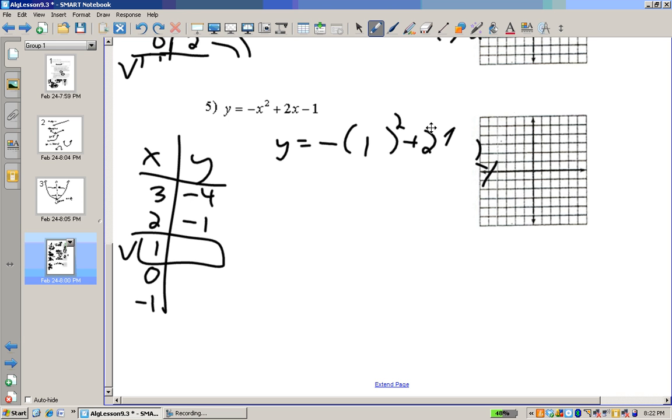Let's plug in 1. 1 squared is 1. Opposite of that, 2 times 1 is 2. 2 minus 1 is 1. Minus 1 again is 0.